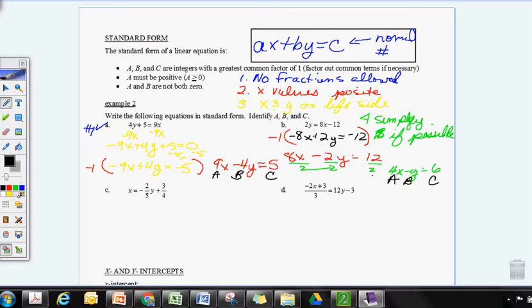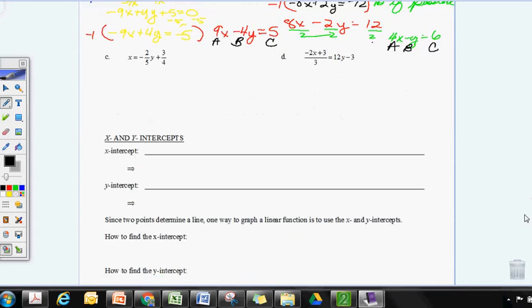Finally, we're going to use that fraction stuff that we talked about last chapter. With that, I have to find my LCD first. With letter C, my LCD is 20. So I'm going to multiply everything by 20, and I come up with 20x equals negative, 20 and the 5 reduce, 8y plus, the 4 and the 20 reduce, 15.